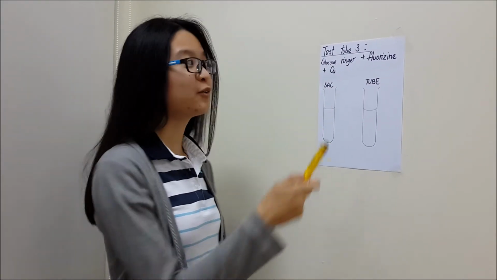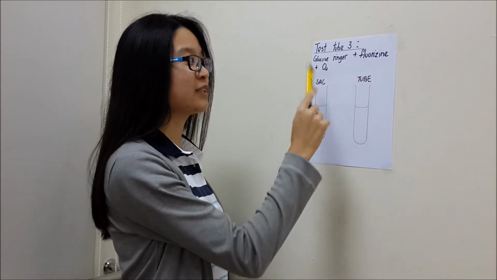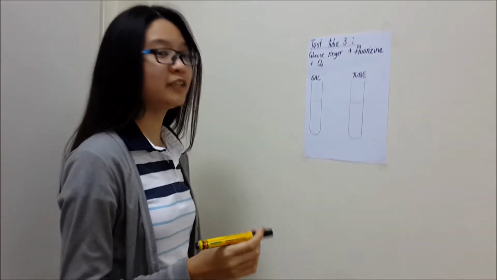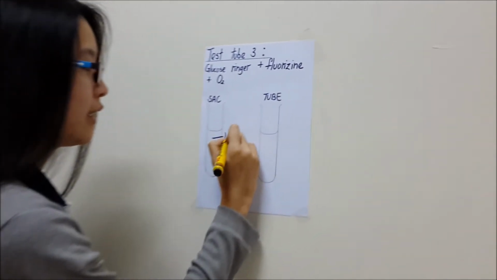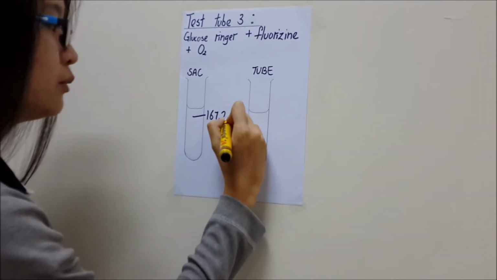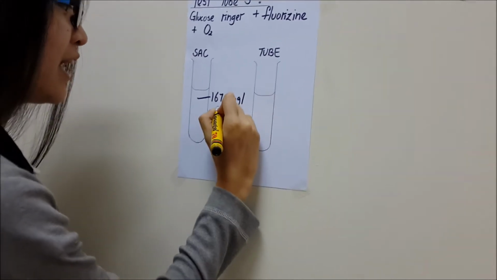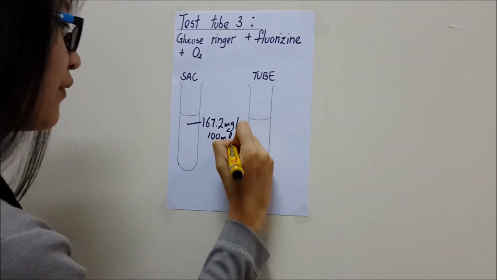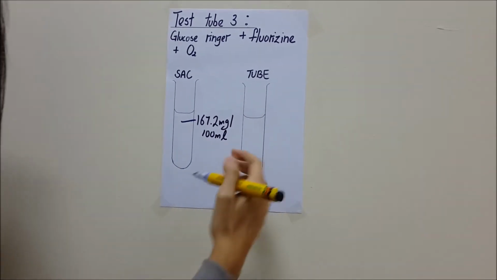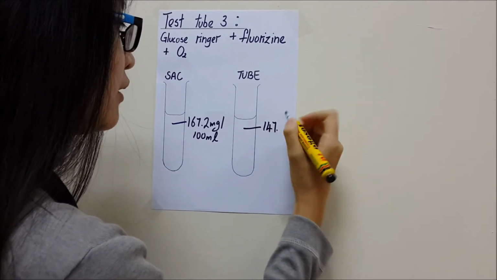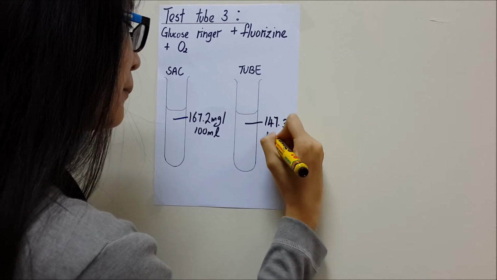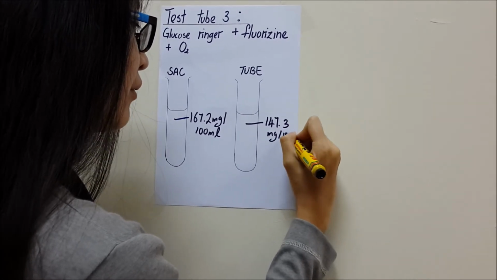Test tube 3 contains glucose Ringer with fluorescein and oxygen supply. The concentration of glucose in the sac is 167.2 mg per 100 ml, while the glucose concentration in the tube is 147.3 mg per 100 ml.